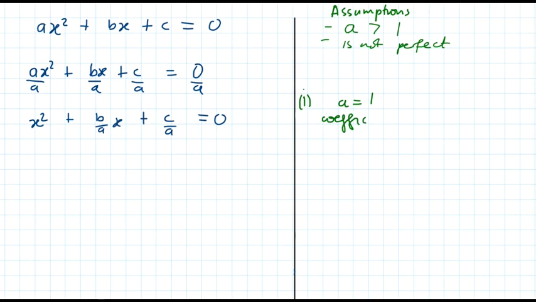Coefficient of x squared must be 1. Okay, so after the first stage, we move to the second, which is you identify the coefficient of x.